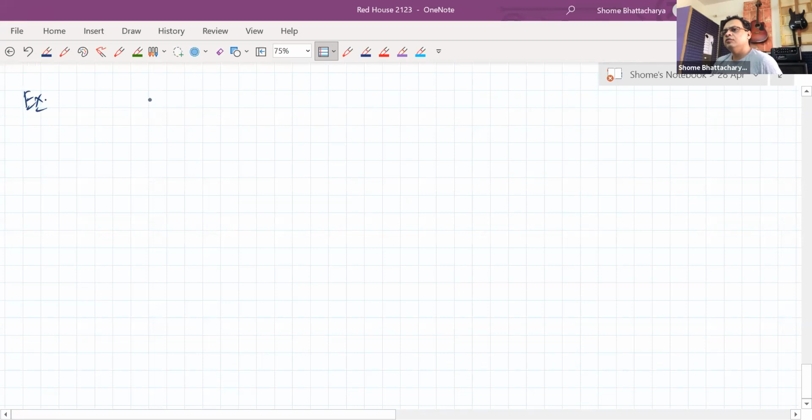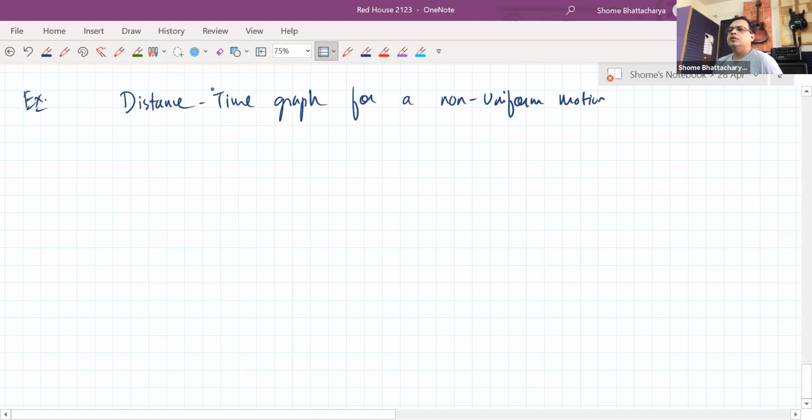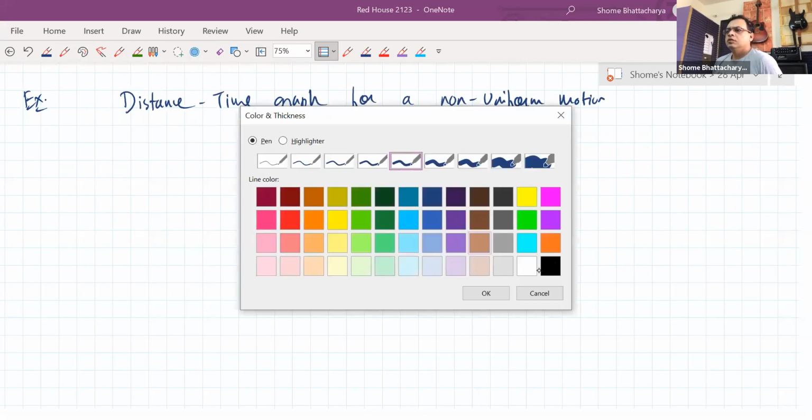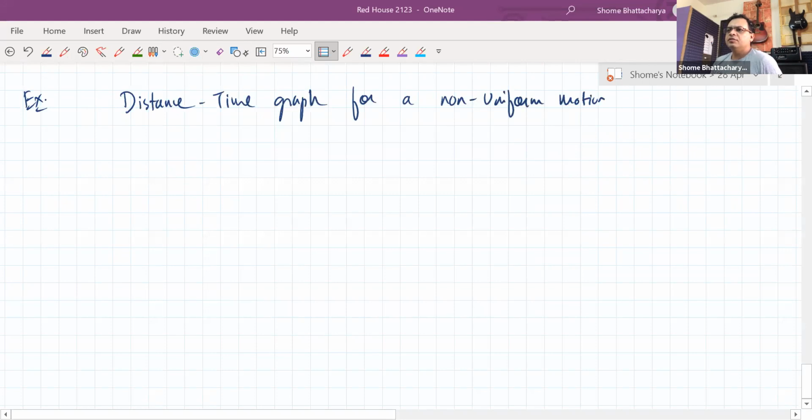If we have a distance time graph, so now I'm giving you an example graph, and first of all, we'll make some observations about this example graph. Then we will come back to the whole business of average versus instantaneous speed.